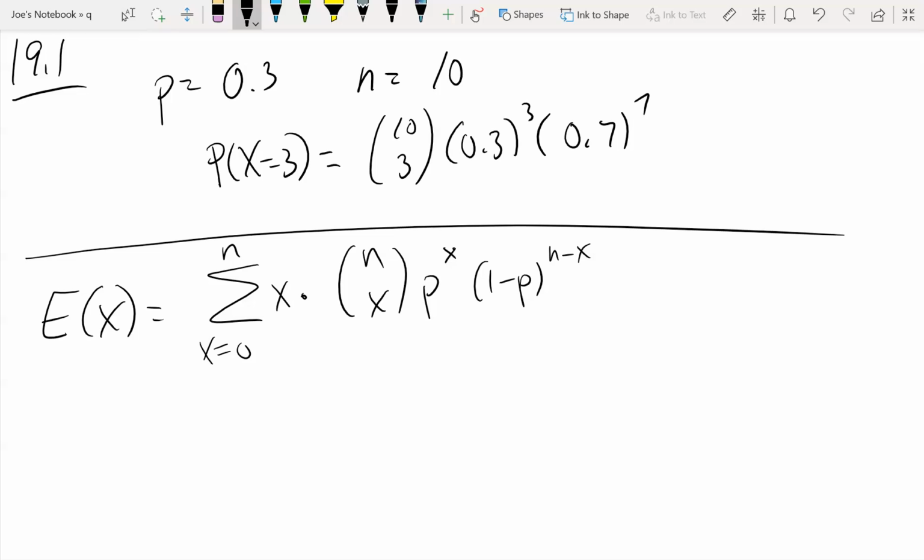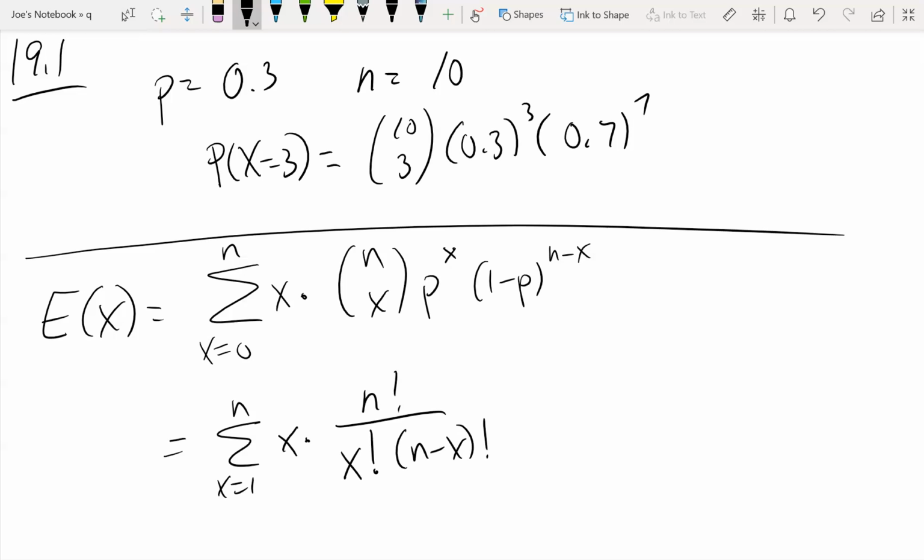All right, what do we get when we put in 0 for x? No matter what else happens, we get 0, because of this part right here, right? So I might as well change this to the sum from x equals 1 to n, because when I plug in 0, I get 0. Now I'm going to rewrite my n choose x using the formula.